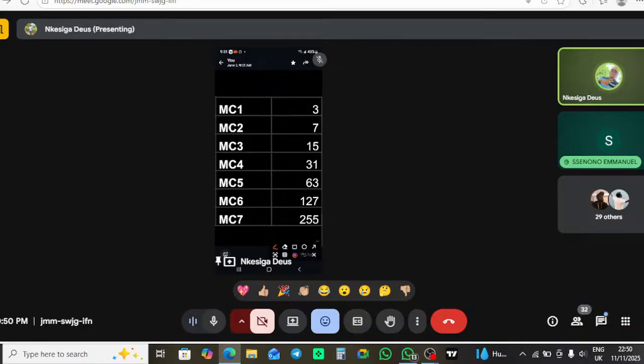For 3 margin calls, this MC means margin calls. I'm going to get my capital divided by 15. 15 is the fixed number. These numbers are fixed. You don't need to change them. But here, you look at the margin calls you want, and you divide this side, your amount.